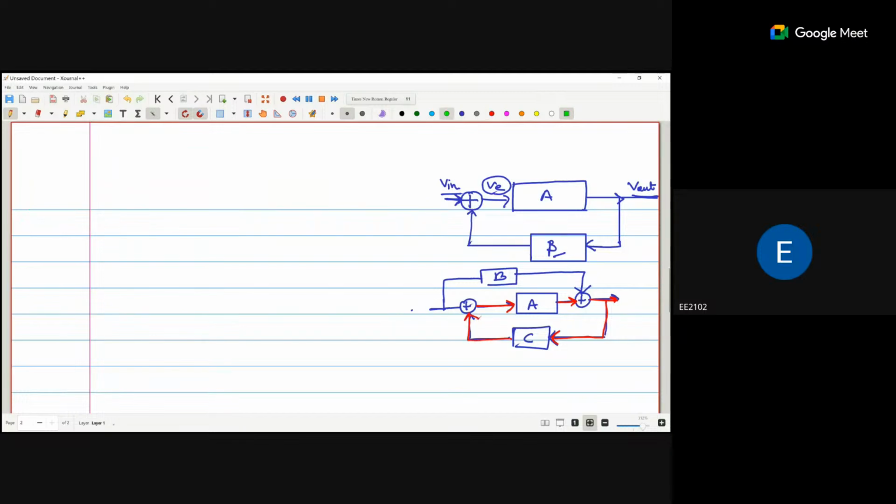And this B is called the feed forward path, feeding some part of the signal directly towards the output. If we feed our signal from output to input, it is feedback. If we feed our signal from input to output, that is feed forward.